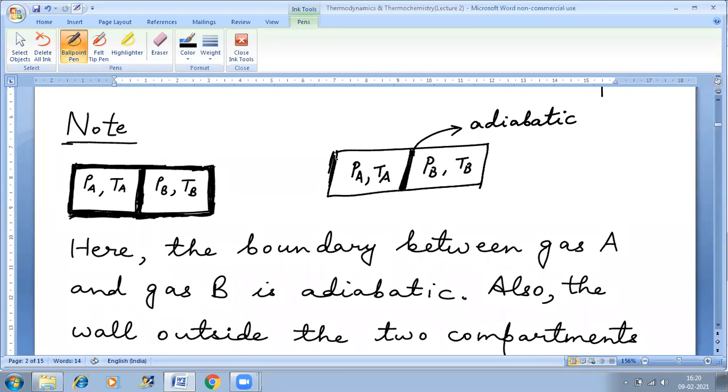Also outside this entire system, there is another covering which is again adiabatic. So this is also adiabatic. So even from outside, no heat can flow.